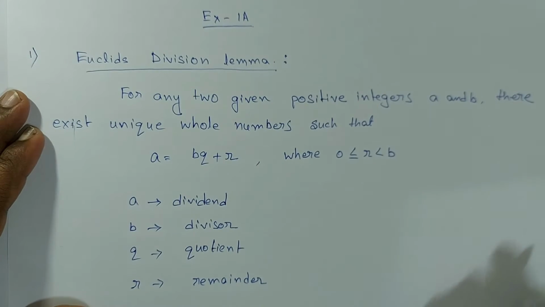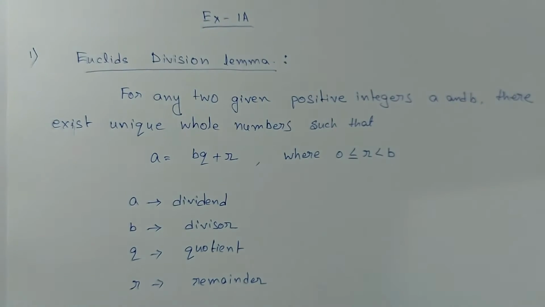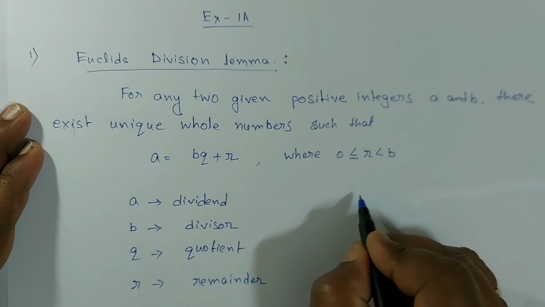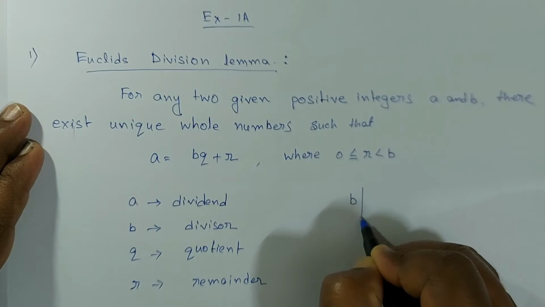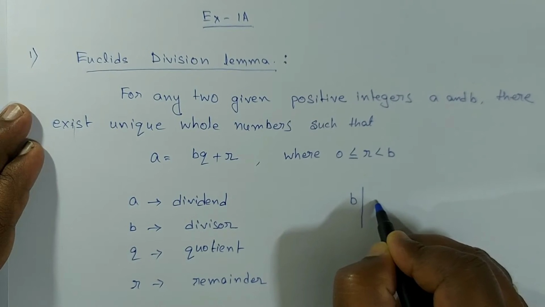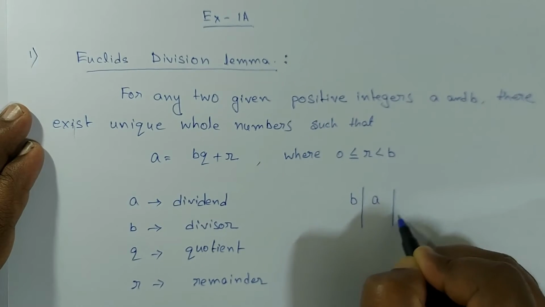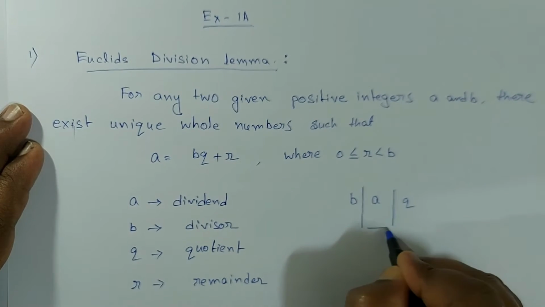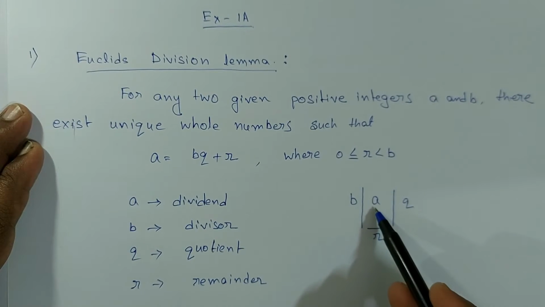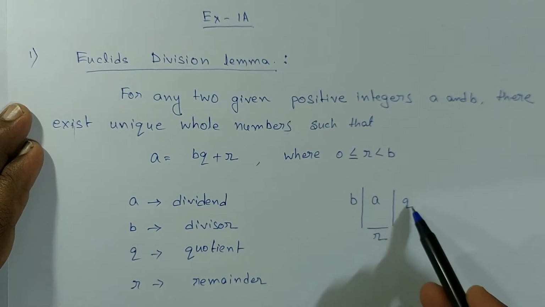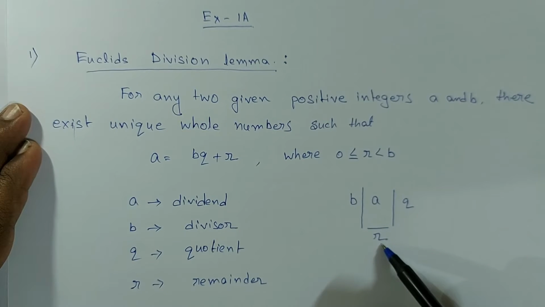If I make it simpler for you, just remember the division. A is the dividend, b is the divisor, q is the quotient, r is the remainder.